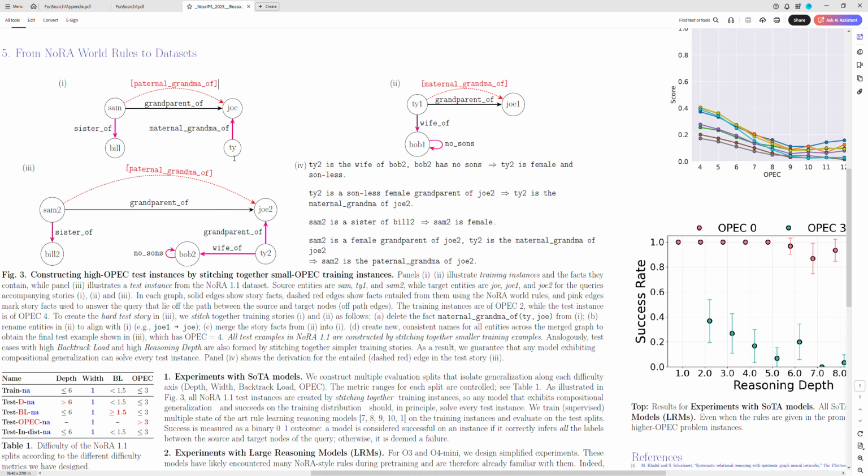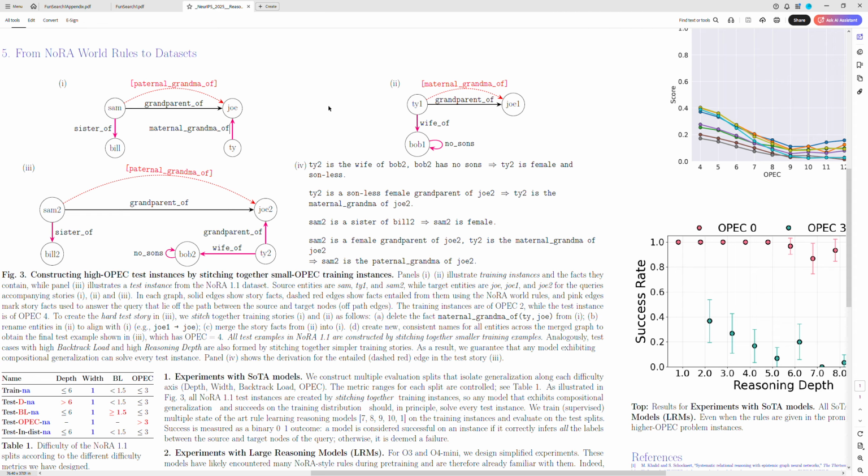And then this story fact in the first story, that Ty is the maternal grandmom of Joe, is actually an entailed fact in story 2. So you can just delete this story fact, because once you combine those two stories, it's just going to be entailed. And that's how you get story 3.